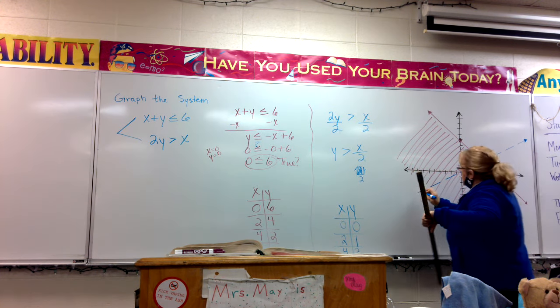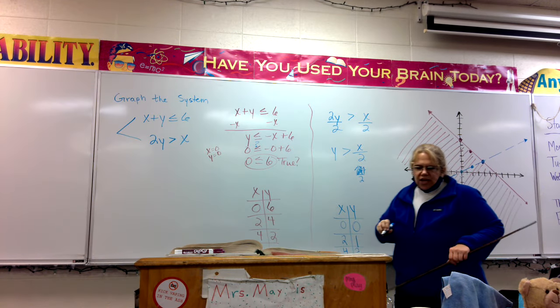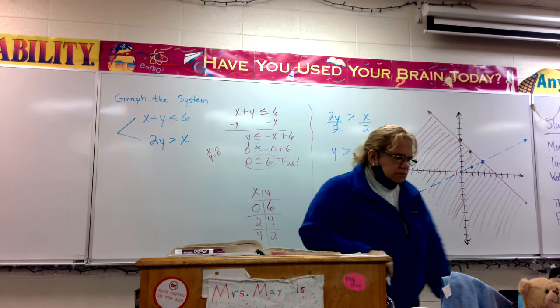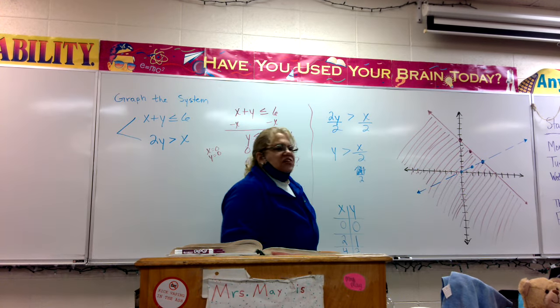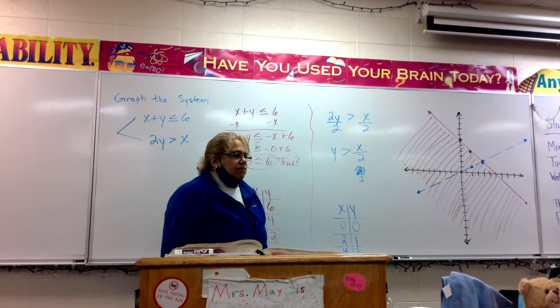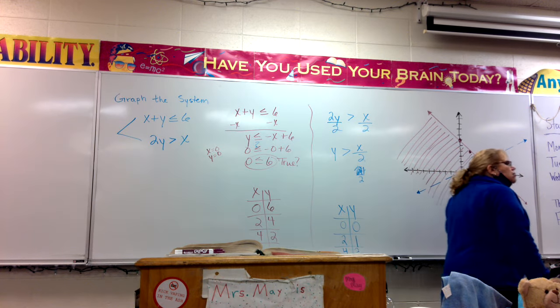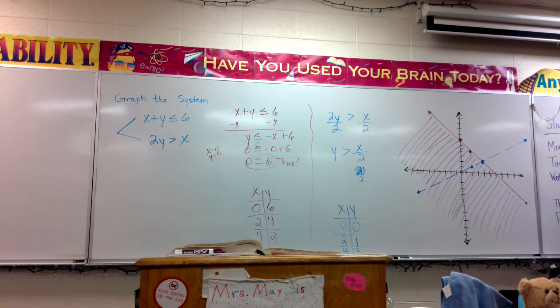So we're almost done. We just have to figure out what side to shade. And the thing about picking a point, it cannot be a point on the line. So this one, darn it, it goes through 0, 0. That's the one I like to pick.